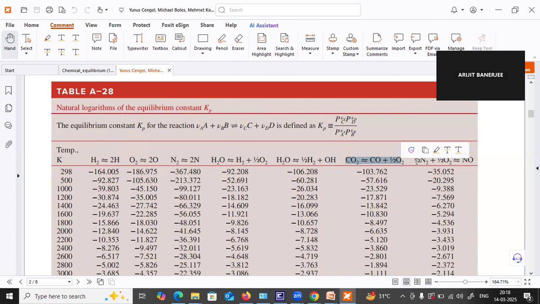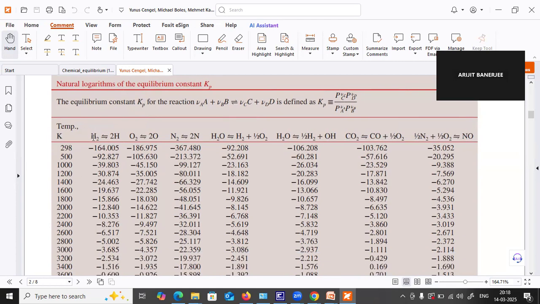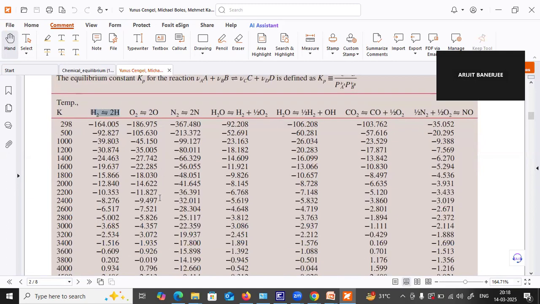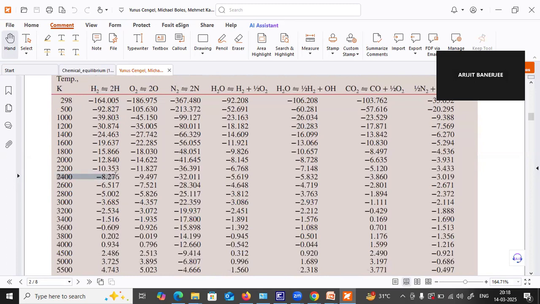Here you have one combination reaction. So you see that this depends on the particular reaction, and for a particular reaction, it also changes with temperature. That is to be appreciated. So to see the table for a particular chemical reaction, you look at a particular temperature and see what the value of the equilibrium constant is.